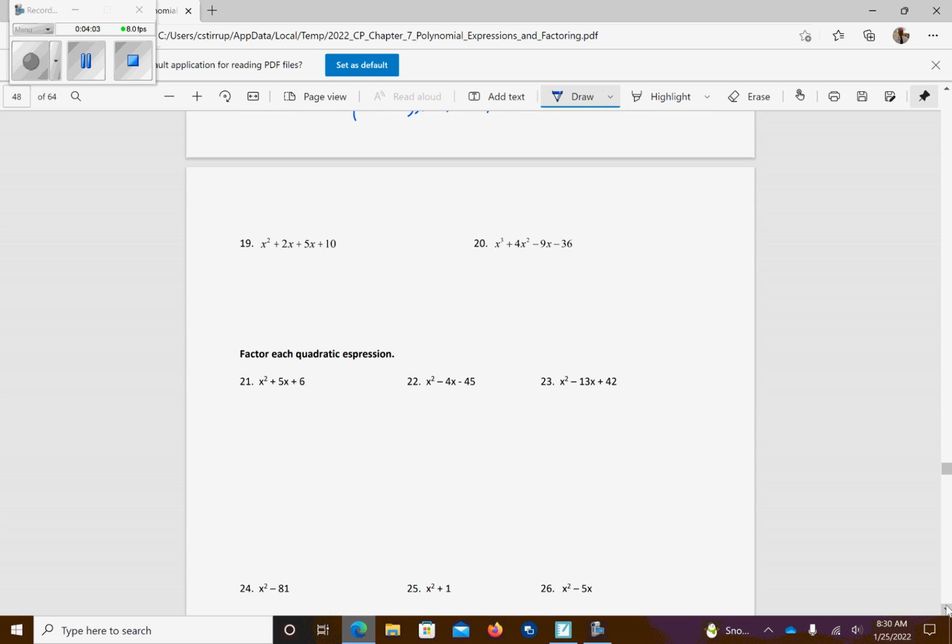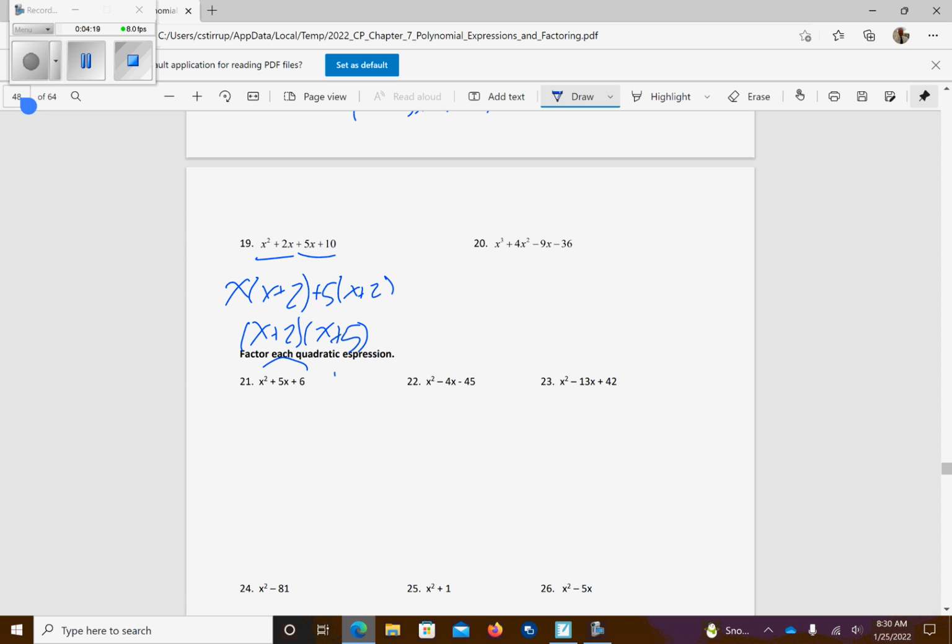Number 19, it's already in 4 terms, so I can factor out an x, and that leaves me x plus 2. Factor out a plus 5, that leaves me x plus 2. So the x plus 2 is matched, that's what you want. x plus 2, x plus 5 is our answer.